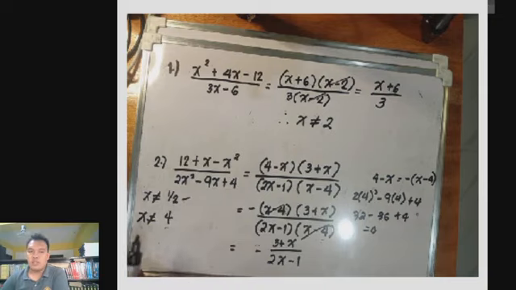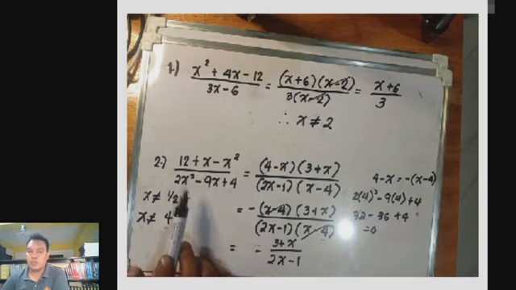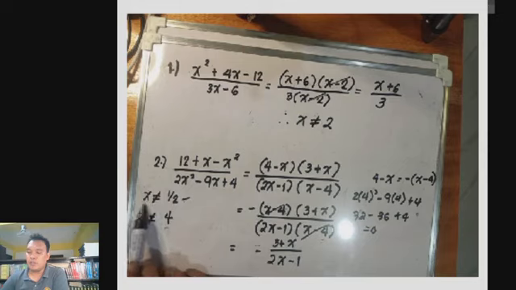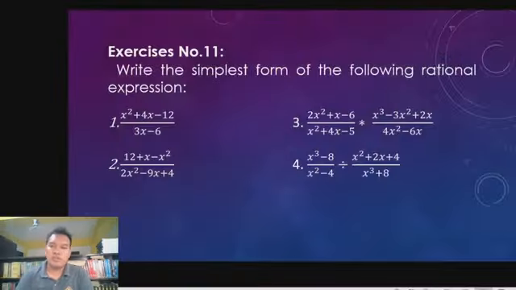Okay? The domain of 12 plus x minus x squared over 2x squared minus 9x plus 4 is set of all real numbers except that x should not be equal to 1/2 and x should not be equal to 4.